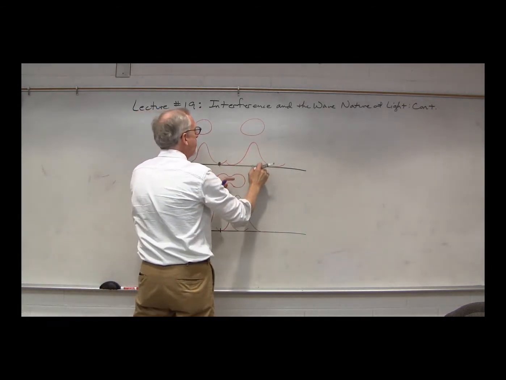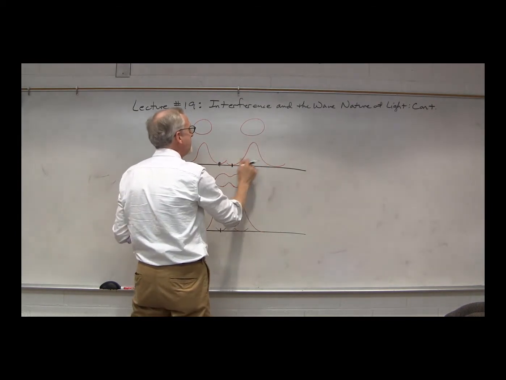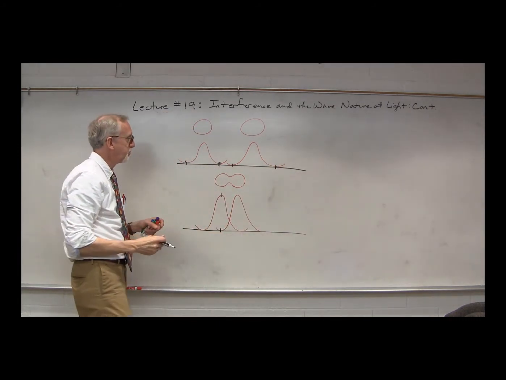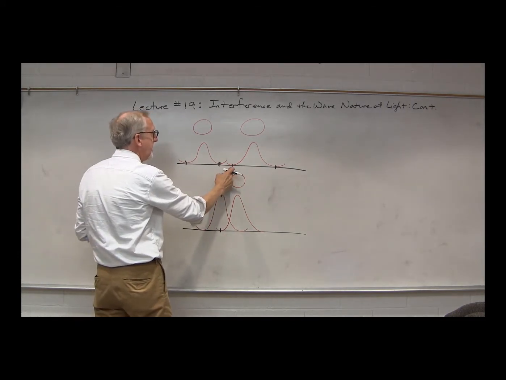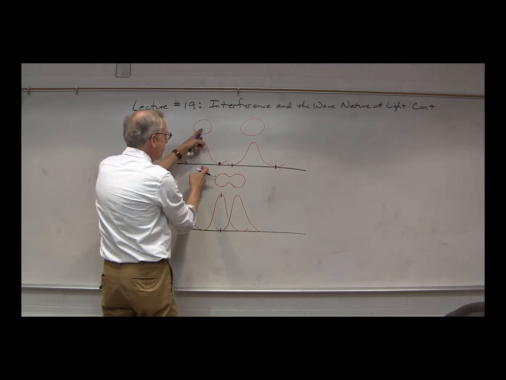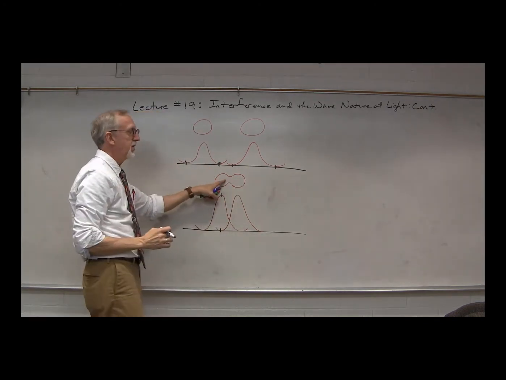And this fringe is as large as the distance between the two dark fringes surrounding it. Now, if we were to bring these so close that this dark fringe from this bright fringe gets to the center of that bright fringe, we'll actually see something that looks like this.